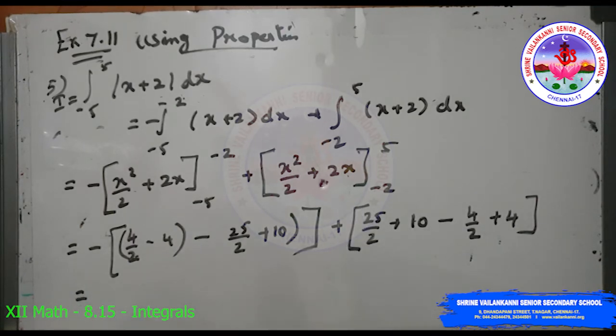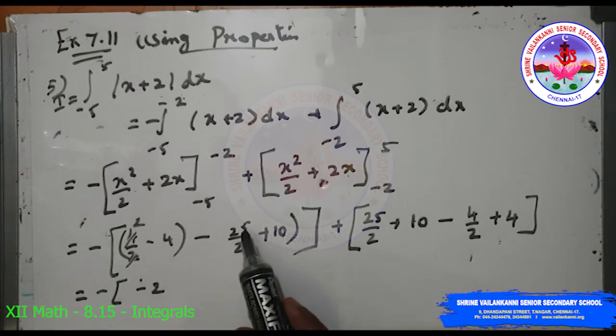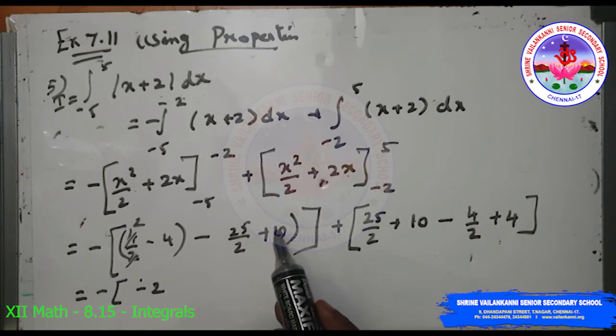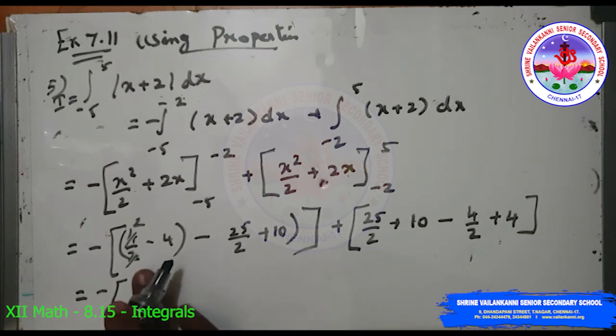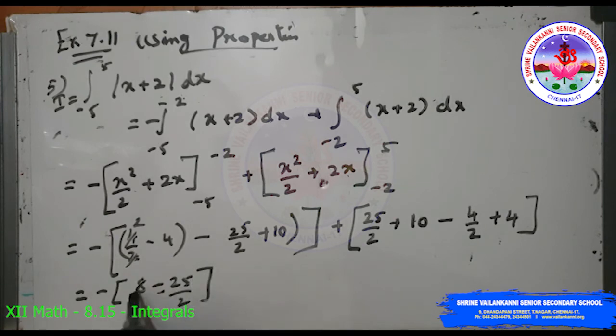So which is equal to, so 2 minus 4, which is minus 2, here minus 25 by 2 and plus 10. So minus 2 and plus 10 is 8. So plus 8 minus 25 by 2. So 16, 16 minus 25 by 2.